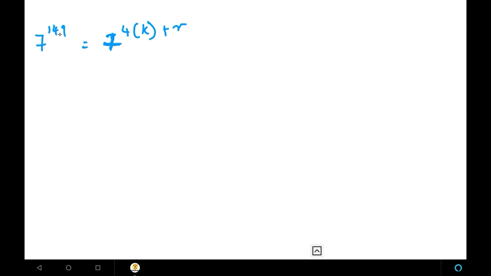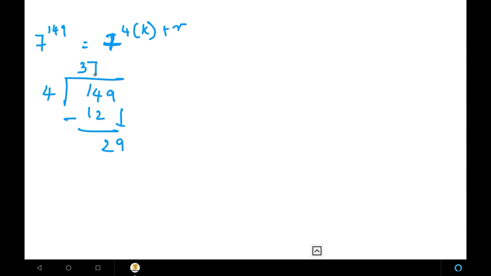So here we have to divide the exponent by 4. I am taking 4 and here 149.